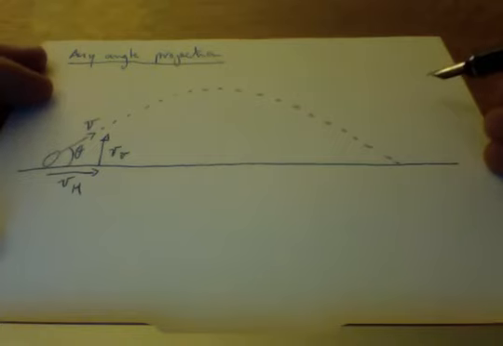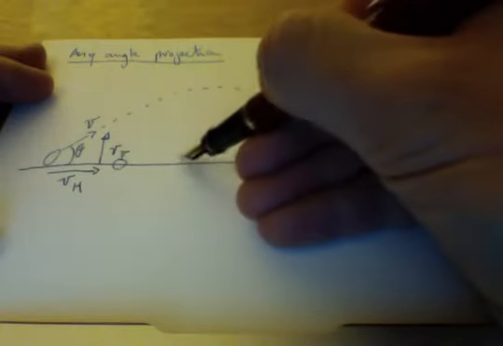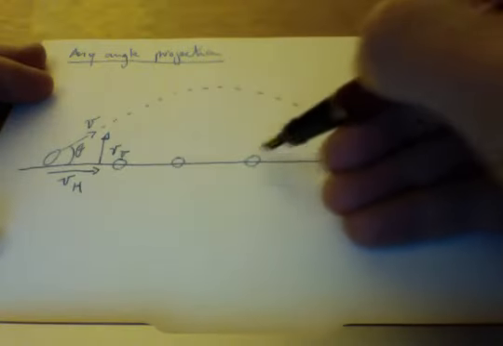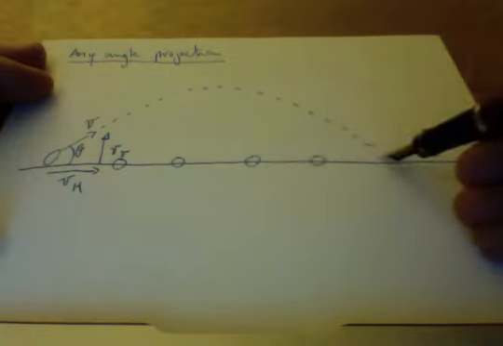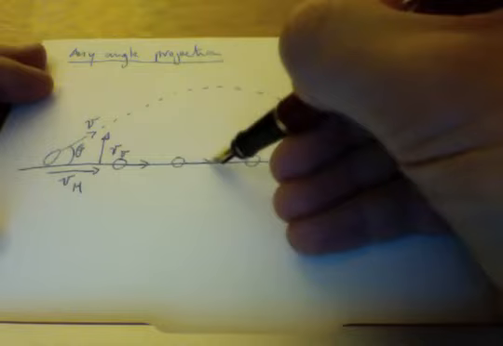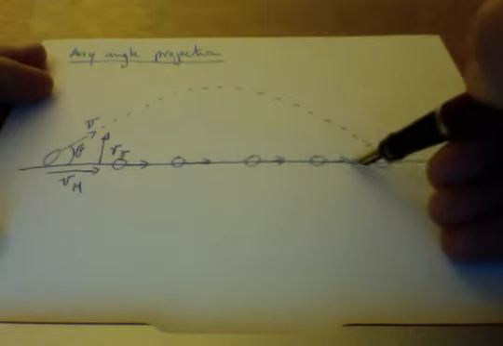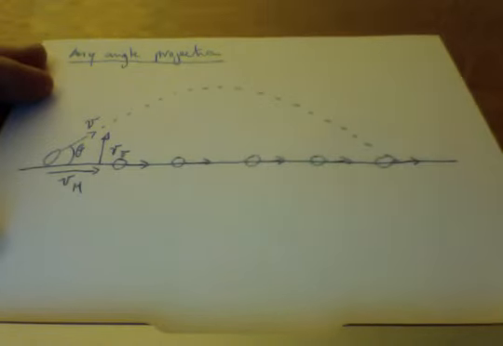And I suppose if we clear the easy bit out of the way first of all, because it's going at a horizontal velocity which is unchanging, we know that for similar time periods it's going to be travelling an even amount each time.